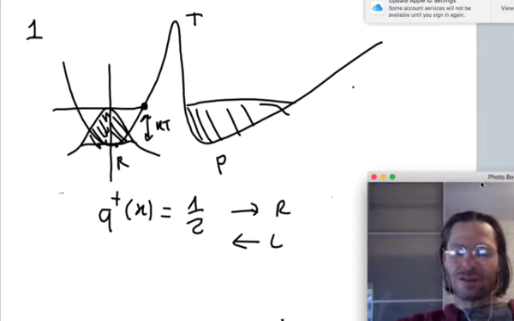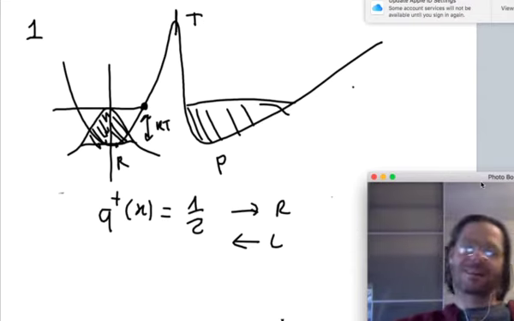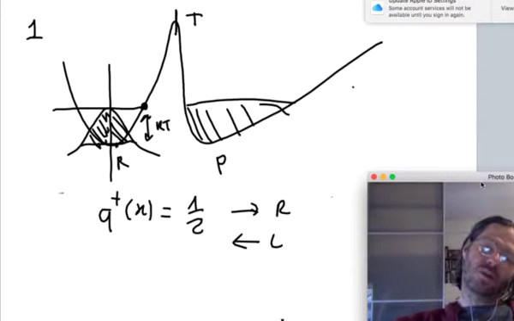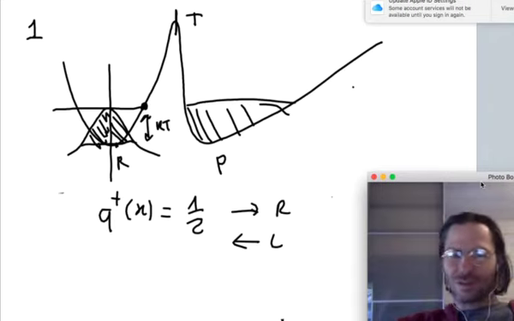It is intuitive to see where this point is on this plane. It is clearly here, or exponentially close to the barrier top. If you're at the barrier top, really, you throw a coin and you decide where to go.